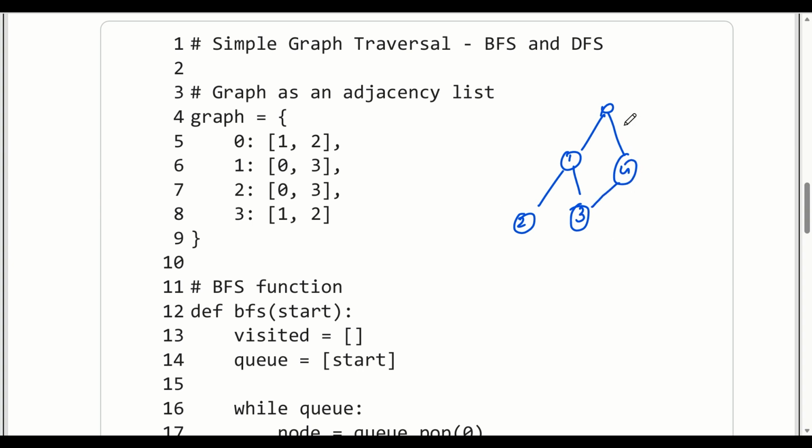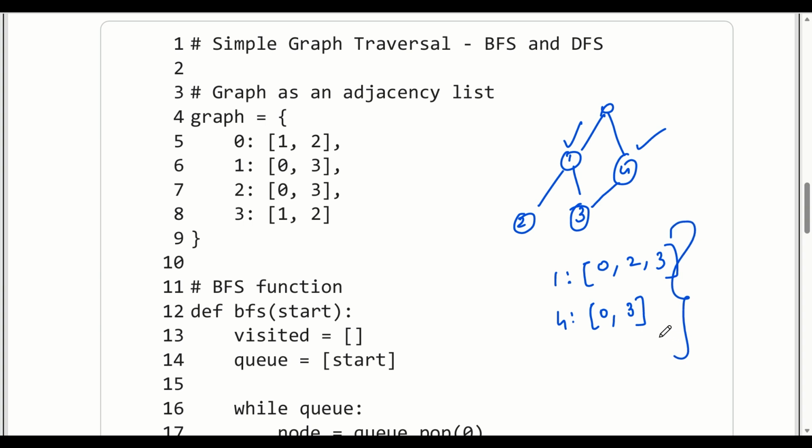Now, suppose we have a graph like this. If I want to find the adjacency list of 1, what will it be? Since this is an undirected graph, I'm going to get 0, 2, and 3. What about 4? 4 is connected to 0 and it's also connected to 3.